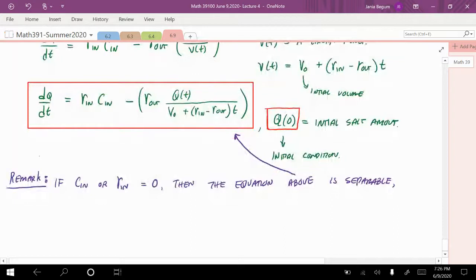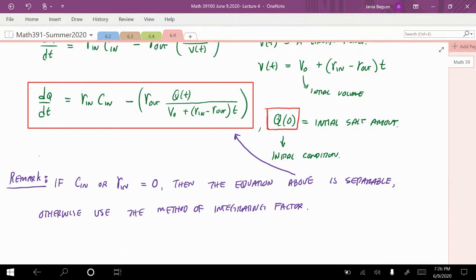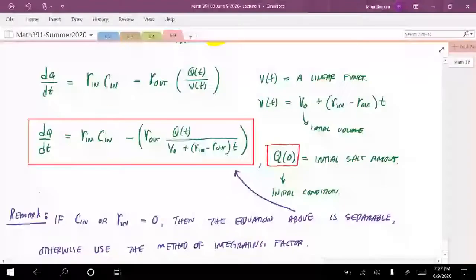Otherwise, use the method of integrating factor. Okay, so that's something to keep in mind. If fresh water is coming in, that means concentration is 0 because there's no salt coming along with the water. So you'll make solving a bit easier. Okay, so that's the scenario, and here we have the formula with the initial condition.